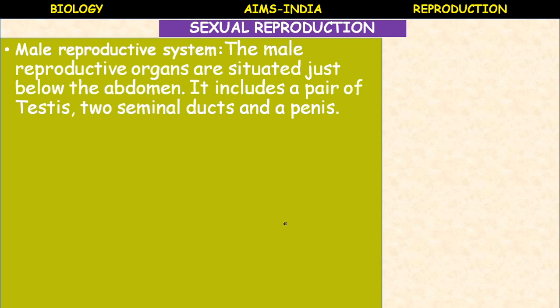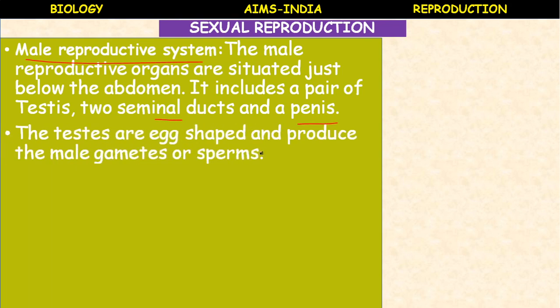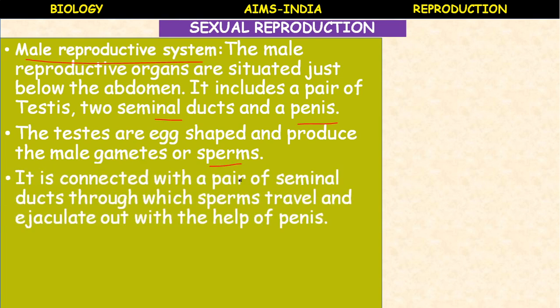Male reproductive system. The male reproductive system consists of male reproductive organs which are situated just below the abdomen. It includes a pair of testes, two seminal ducts and a penis. The testes are egg shaped or bean seed shaped and produce the male gametes called sperms.